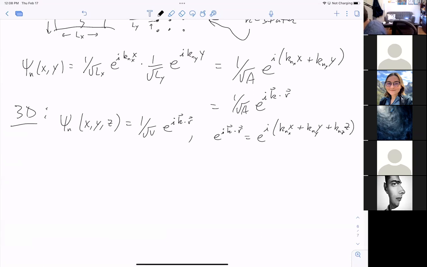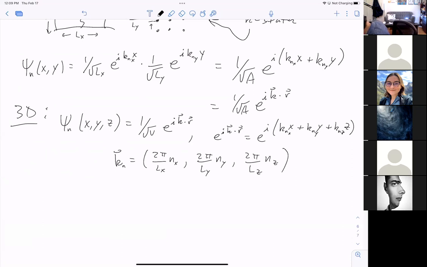Where the k vector in 3 dimensions is going to be a quantized object, for the nth state is going to be (2 pi over Lx nx, 2 pi over Ly ny, 2 pi over Lz nz).